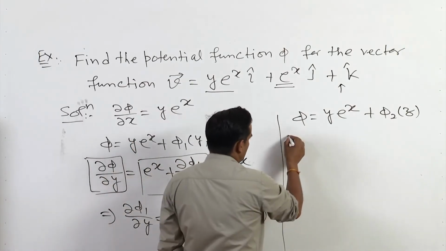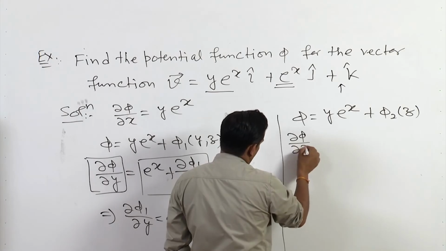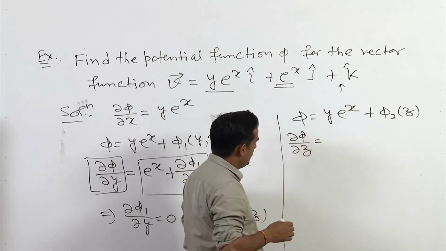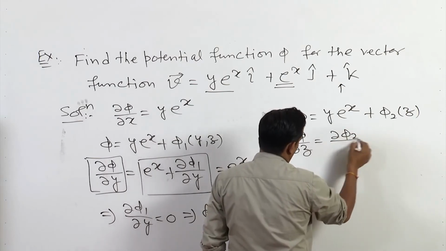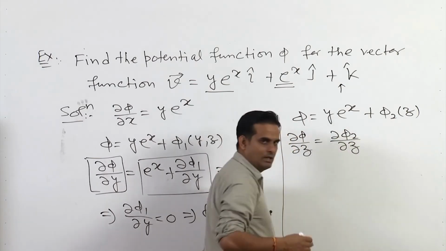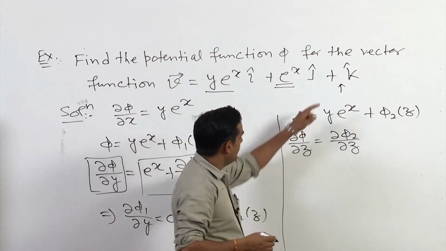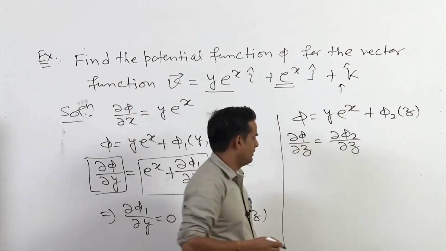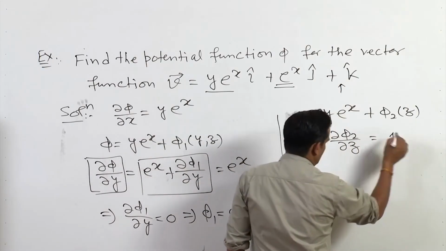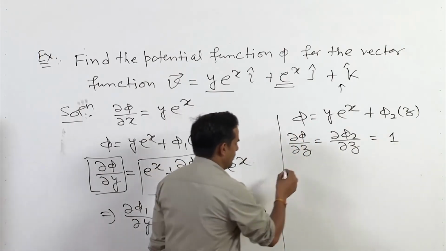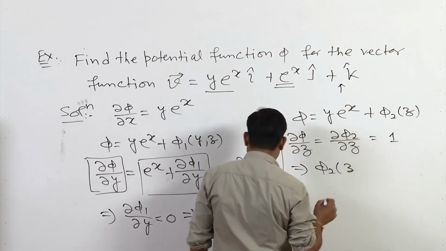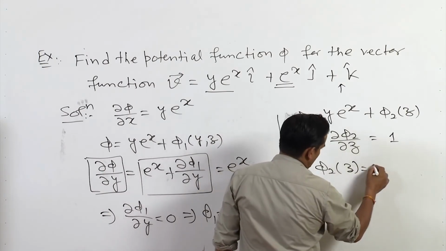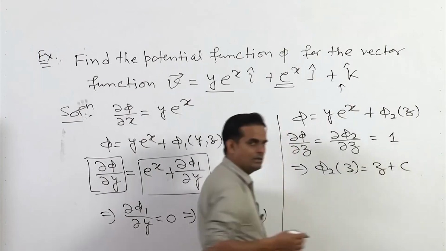So, del phi over del z, this will become 0. So, del phi 2 over del z from this, and here del phi over del z is 1. So, this equals 1. So, from here I am getting phi 2 of z equals z plus a constant c.